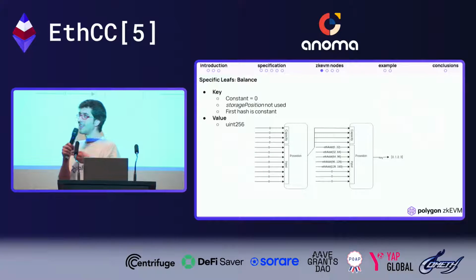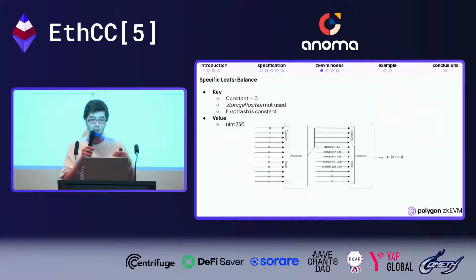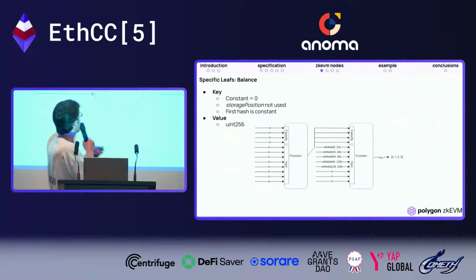Okay, so let's see the specifics. Let's see which specific leaves we can find in the state tree. The first one is the balance. As you can see, in order to build the key, we use 2 Poseidon hashes concatenated. And here, the first one, you remember in the specification that this input was about a storage position. So in order to insert the balance into the state tree, you don't need the storage position, so it's all set to zeros.